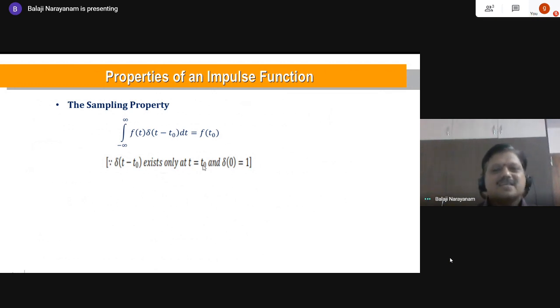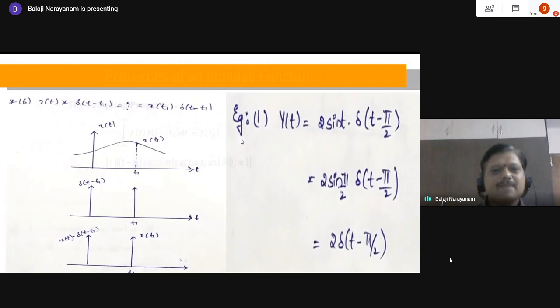At all other time values, at all other t, you will have delta of t minus t naught as 0, and also delta of 0 is equal to 1. That means at origin you will have delta of 0, which is unit amplitude, and taking these two into consideration, we may simply prove the sampling property: the integral from minus infinity to infinity of f of t delta of t minus t naught is f of t naught, which is called simply the sampling property.